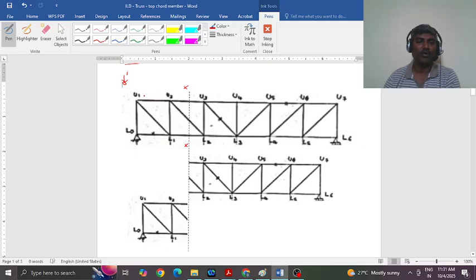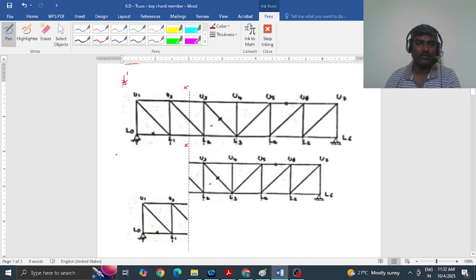So when the load is occupying any position between U1 U2 or U2 U3, you will be transferring the load to the joints. That is learnt in truss analysis.